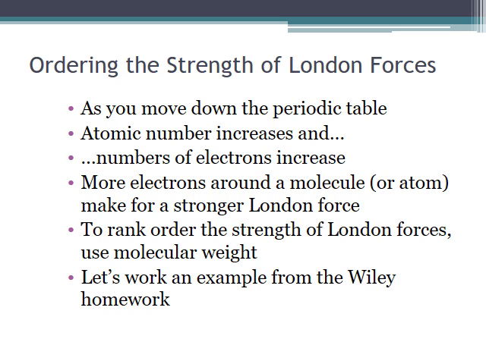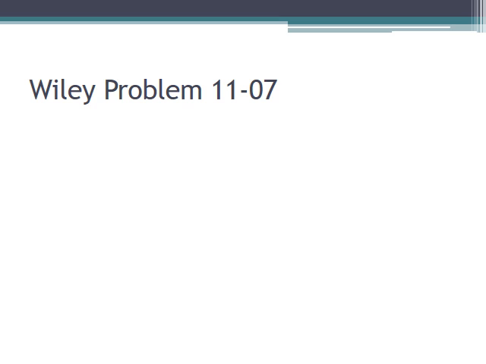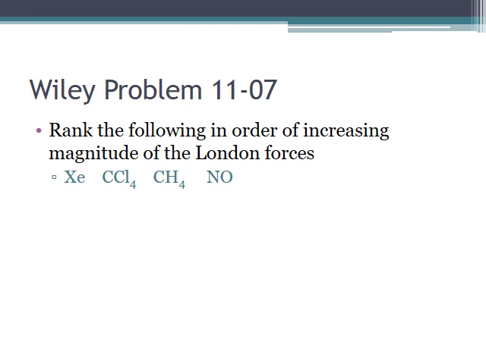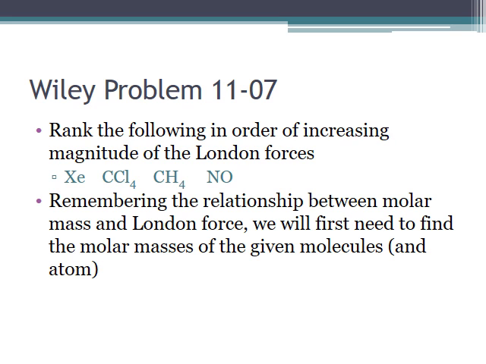So let's do a Wiley homework problem that has us order materials based on their London forces. That's 11-07. So we want to rank order the following in increasing magnitude of London forces. That means we're going to start with the smallest and then go to the biggest. So we said that larger molar mass is larger London force.